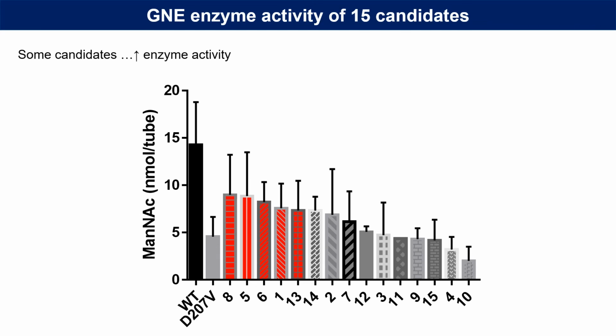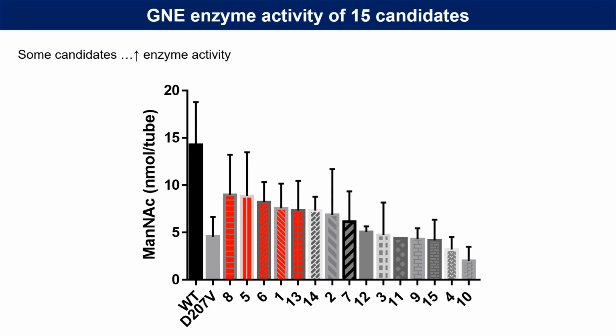And these are the results. So the vertical axis is the ManNAc production in the tube, which represents enzyme activity. And wild type, WT, the black bar, represents normal GNE, and D207V is mutant GNE.